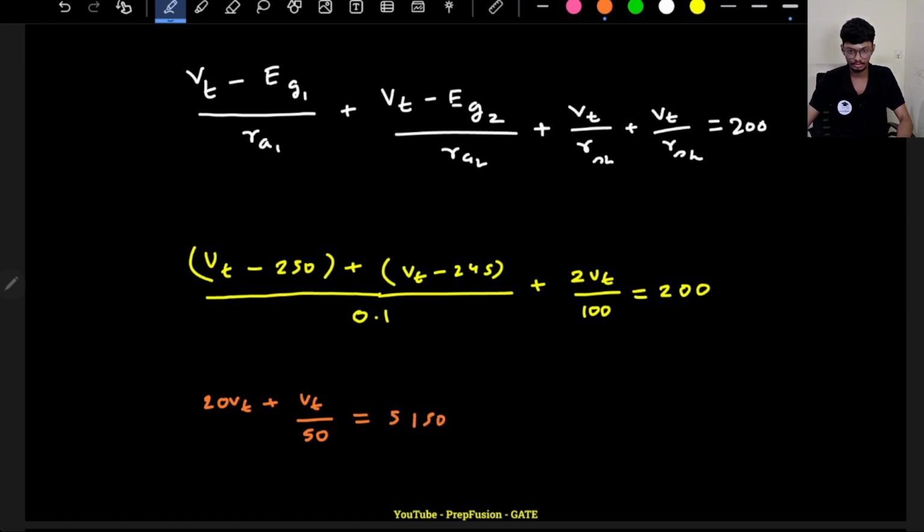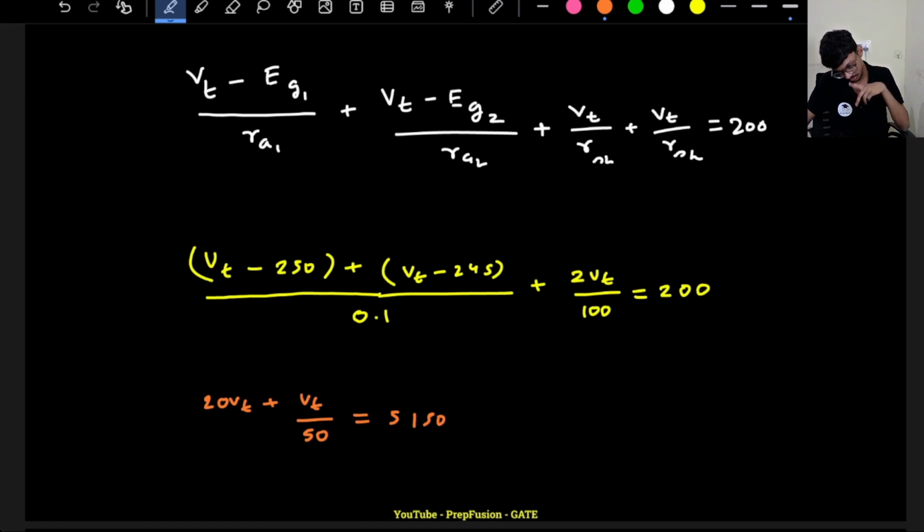So from here I can calculate the common voltage. This common voltage will be 1 divided by (1/50 plus 20) into 5150. So the common voltage is approximately 257, if I'm not mistaken.